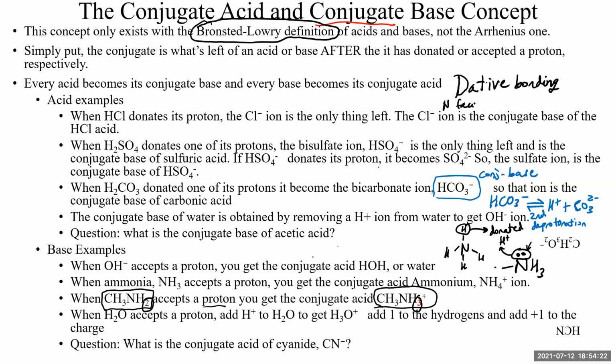Nitrogen facilitates the creation of a covalent bond between itself and the hydrogen ion, because the hydrogen ion has no electrons to donate. So nitrogen generously says, well, okay, I'll supply that extra electron that you, hydrogen ion, would have supplied if you had an electron.